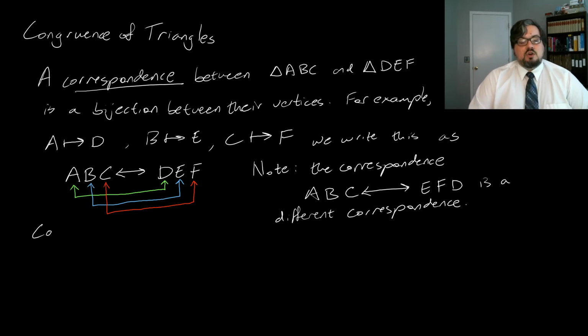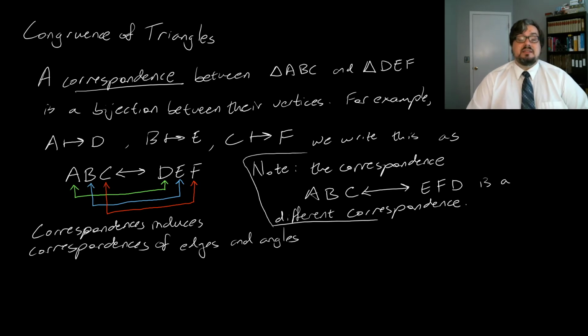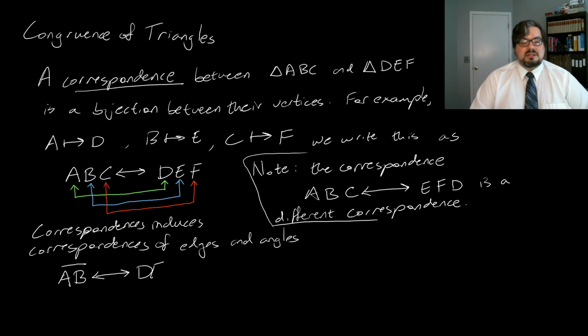Now, any correspondence induces correspondences of edges and angles. So, for instance, in the initial correspondence we had, ABC goes to DEF, we would also have that the segment AB corresponds to the segment DE.